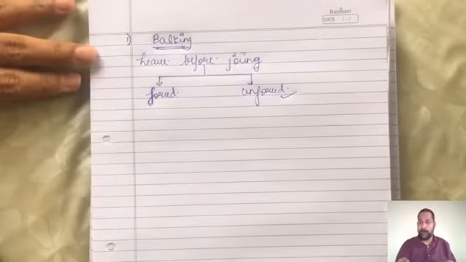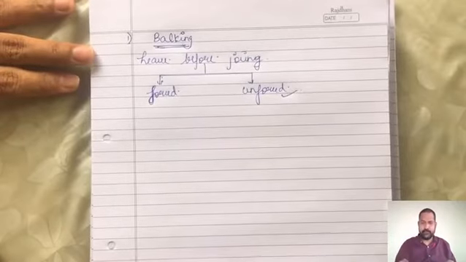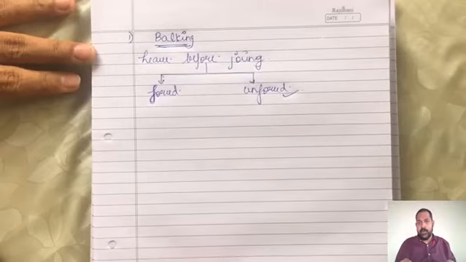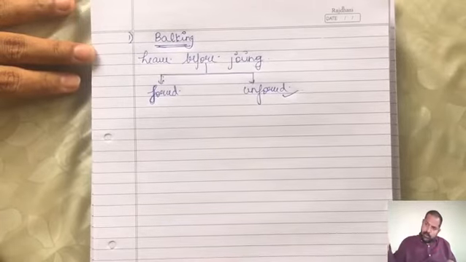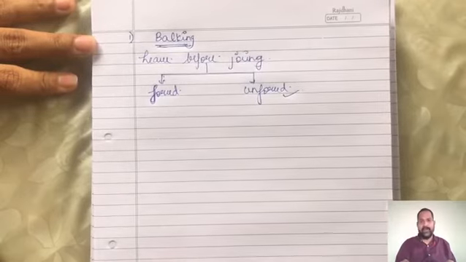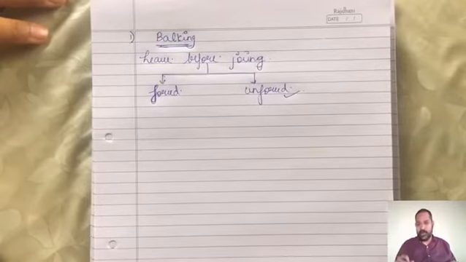Then what is forced balking? Suppose you want to get your car washed or you want to get your bike washed. You go to a bike washing service center. Now you go there and then the mechanic says, sir, it's already like 3 o'clock. I shut down by 5 o'clock and I still have 5 bikes pending.